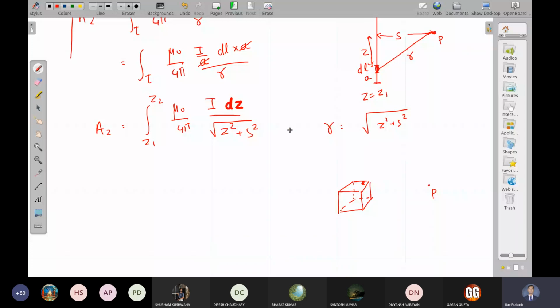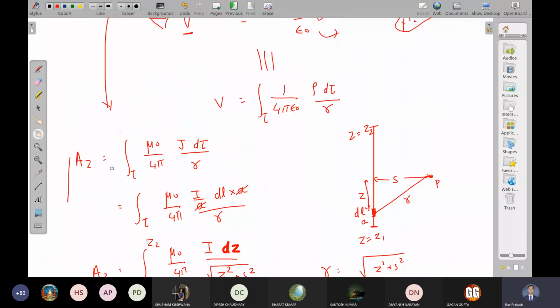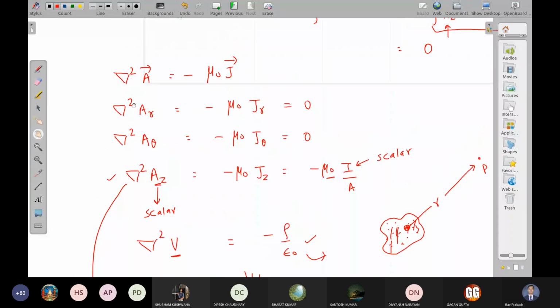Okay. So AZ is 0. What about AR and A theta? This equation, right? So what is the possible answer for these equations? Can you tell what answer is possible?